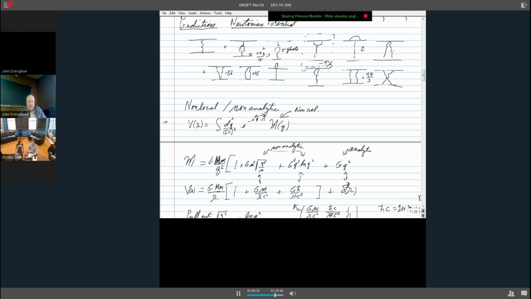These two here, in some units, this is plus 43/15, which comes from those two diagrams, the ghosts and the graviton.